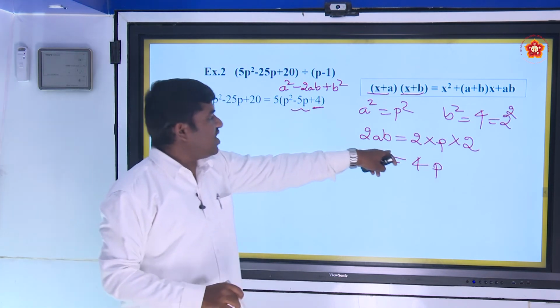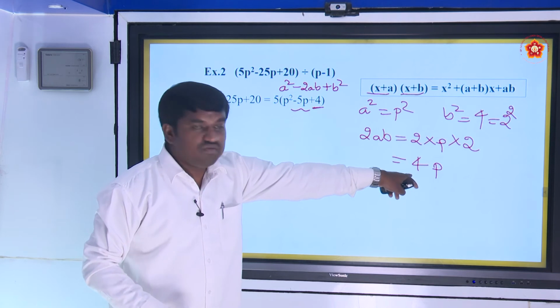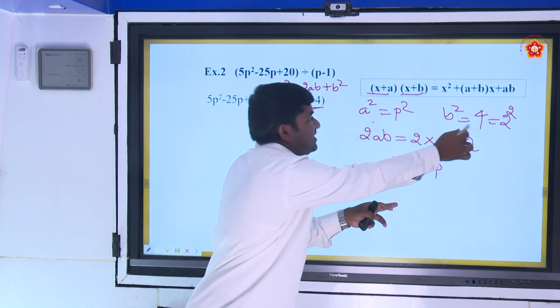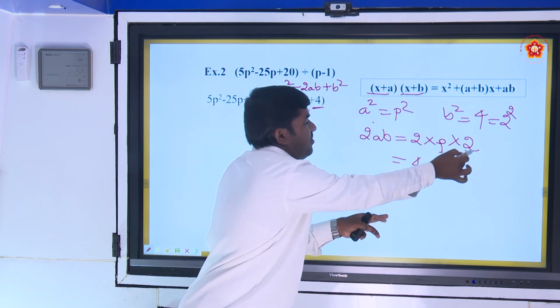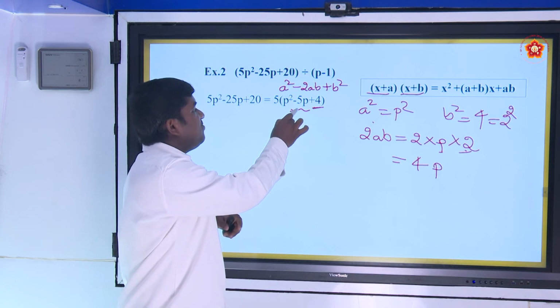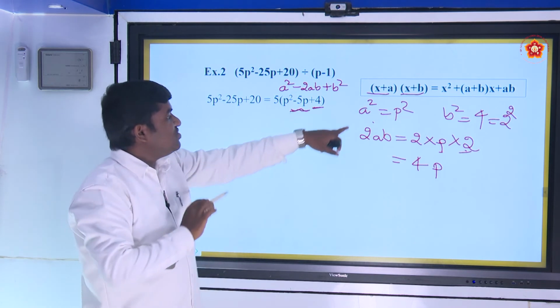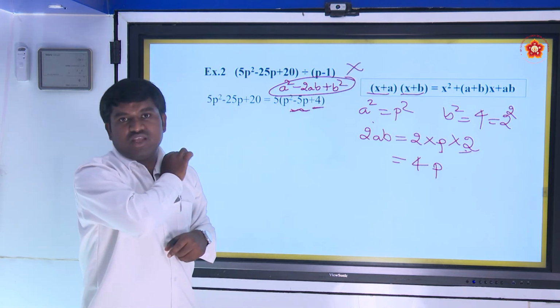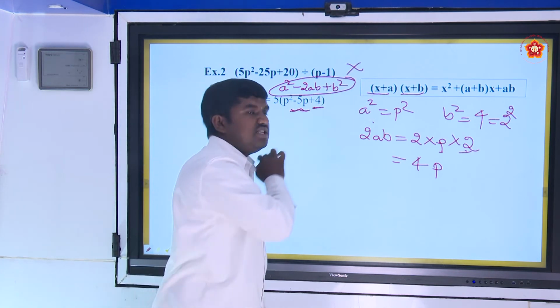If you apply 2ab with a is p and b is 2, you will get 4p, but in the middle term we have minus 5p. So this formula is not applicable here, so we are using this other formula.